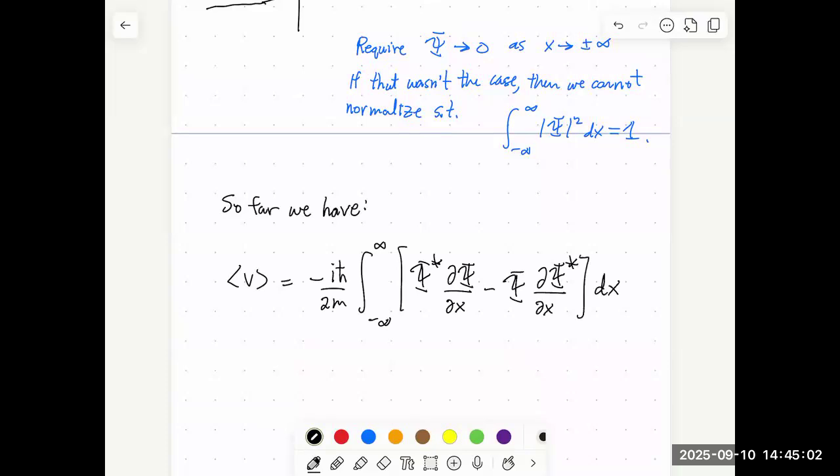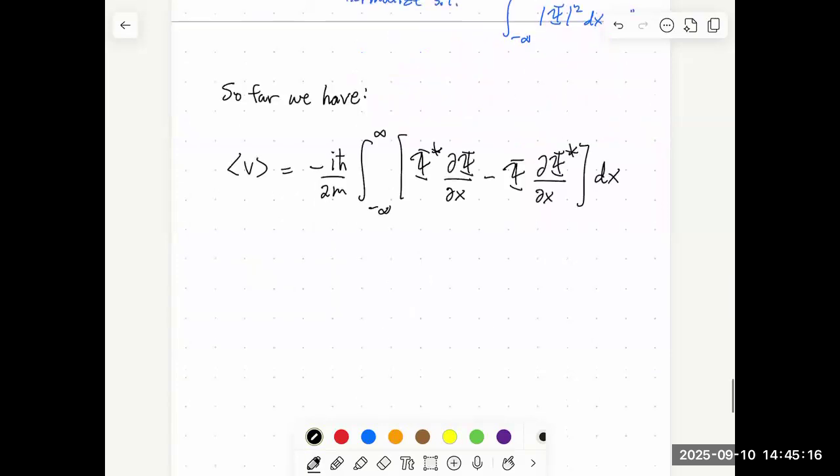Okay, good. So what we're going to do is work on just the second term of this expression. It's this integral, and we're going to do another integration by parts.